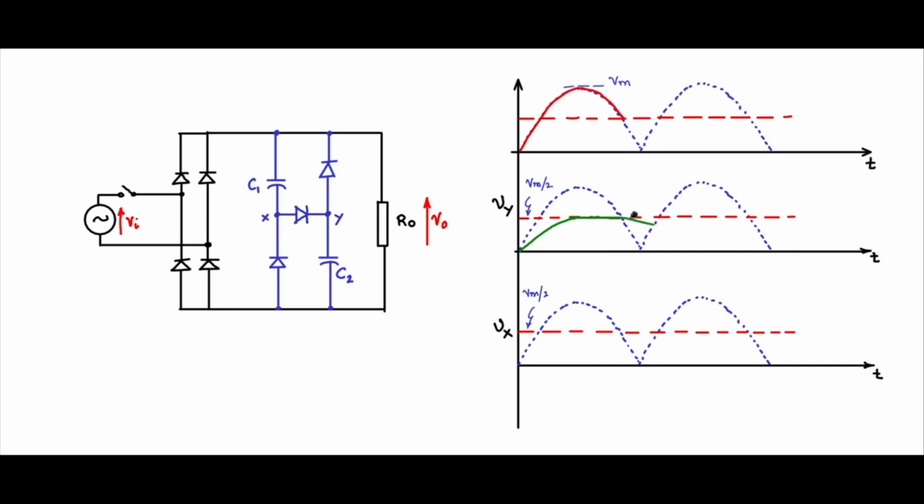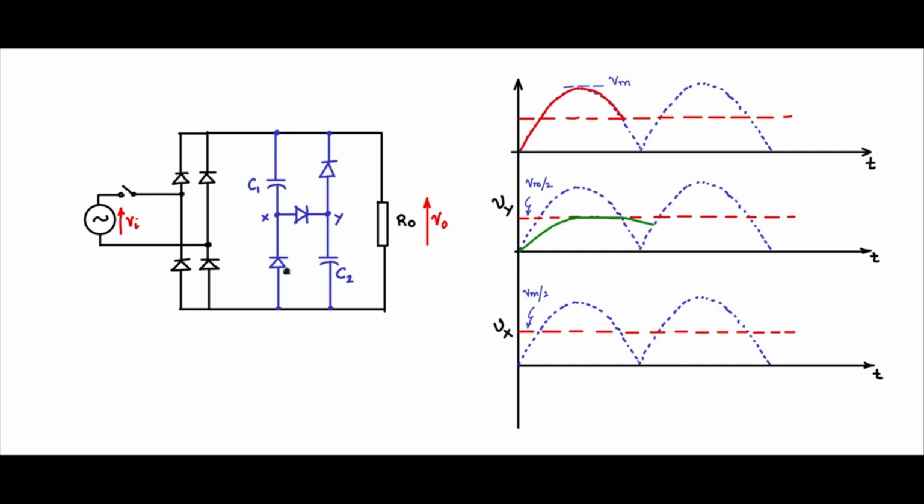Then further on, at this point, when the input goes below this halfway mark, Vm by 2, these diodes are out of the picture and the capacitance is only servicing the load. So this is where the capacitor discharge to the load happens.